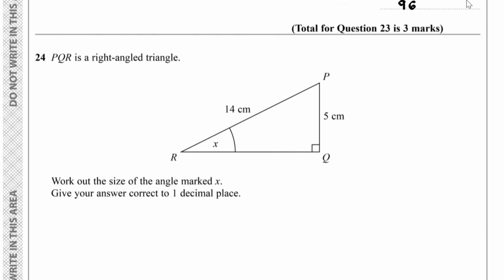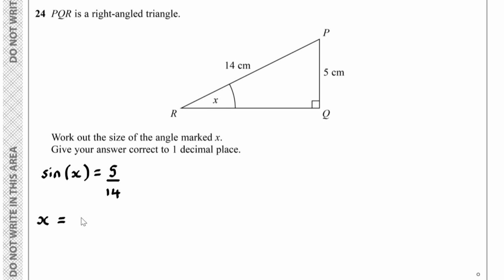Question number 24. We have PQR, which is a right-angled triangle, and we have to work out the size of the angle marked X to 1 decimal place. Well, we've got the opposite and the hypotenuse, what connects us is sine. So we have sine X equals 5 over 14.